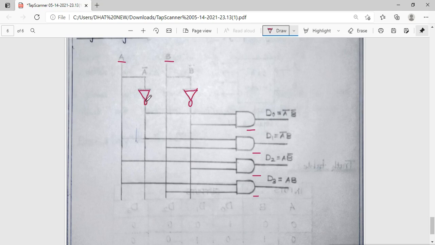For D0, the Boolean expression is A bar B bar, so we connect A bar and B bar. D1 is A bar B, D2 is A and B bar, and D3 is A and B. This is the logic diagram for the decoder, and then we will see the simulation for the decoder.